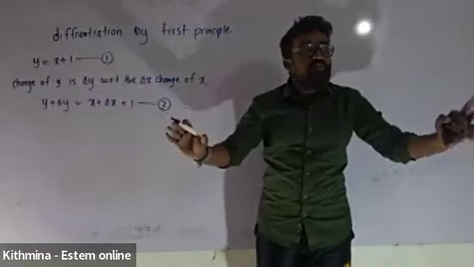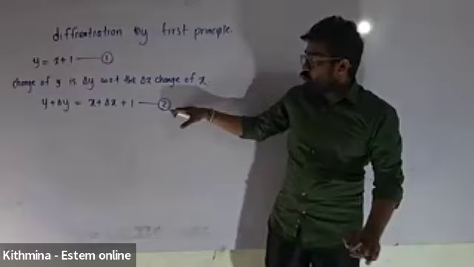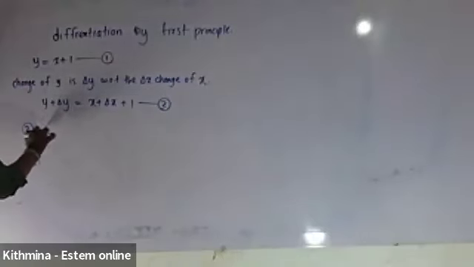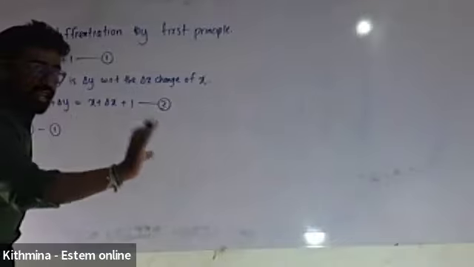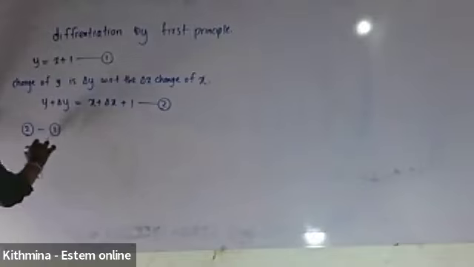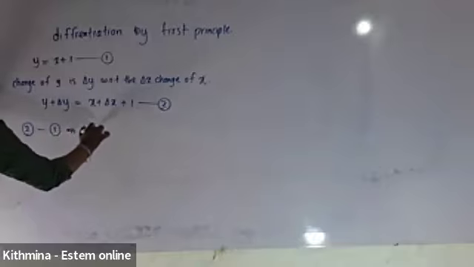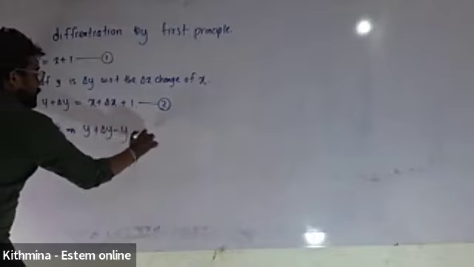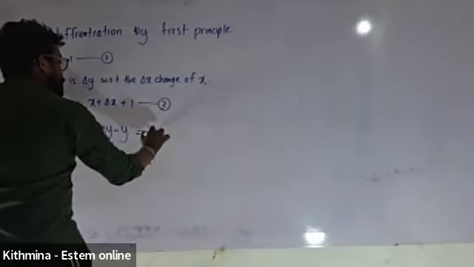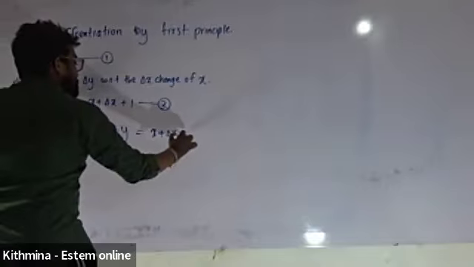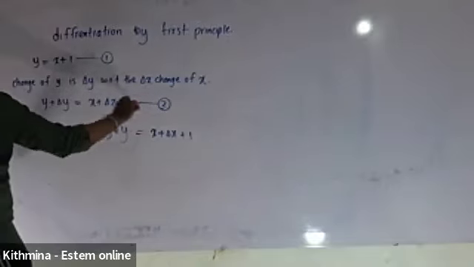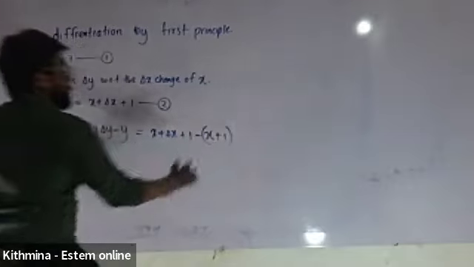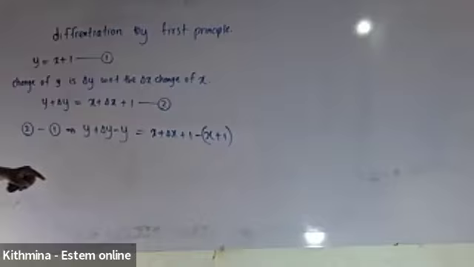After we get these equations, definitely in all problems, we should subtract 1 from 2. It is a primary step. It is okay for any calculation. Then 2 minus 1: y plus delta y minus y equals x plus delta x plus 1 minus x minus 1.